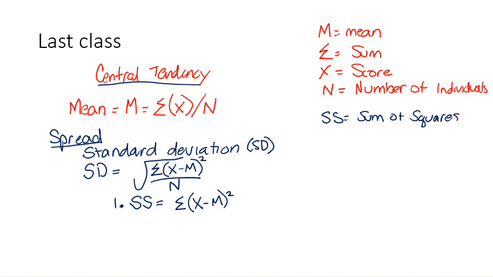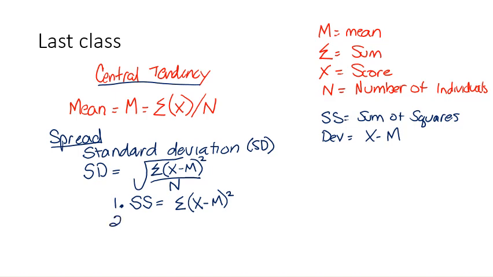We'll just write the sum of squares, or also the sum of squared deviations. And a deviation is just x minus m. Any particular score minus the mean is the deviation. And so here we have just taken the sum of all the squared deviations, called the sum of squares.